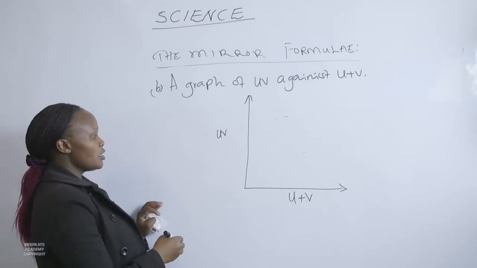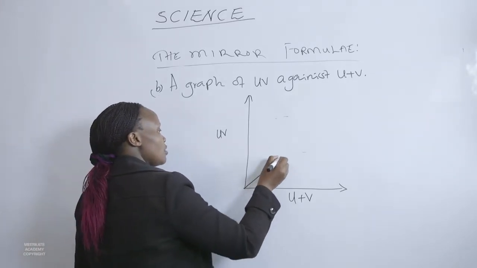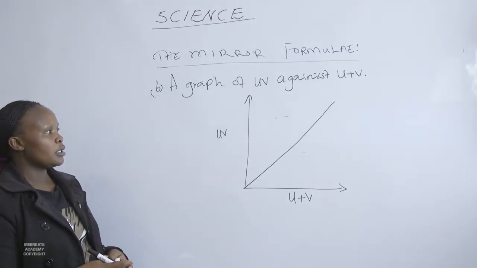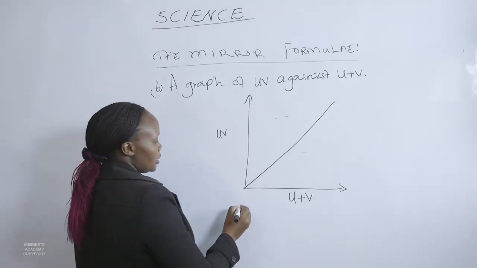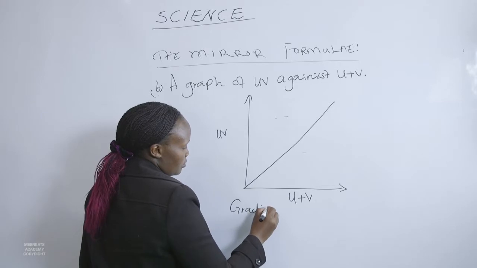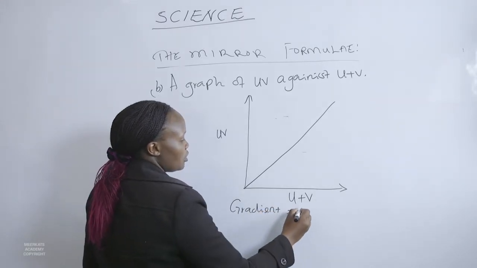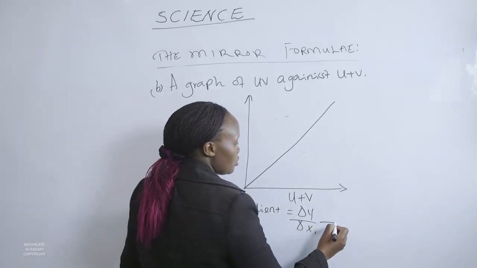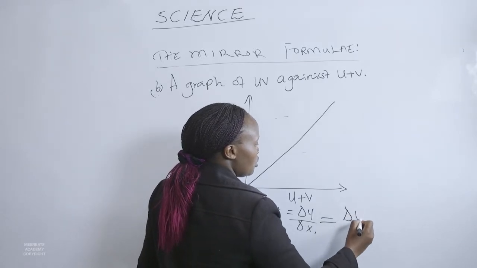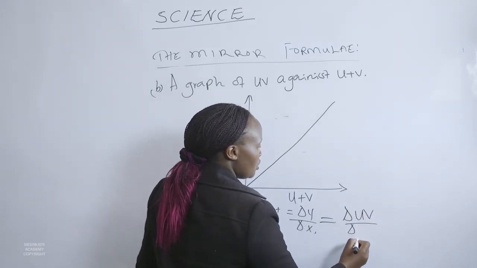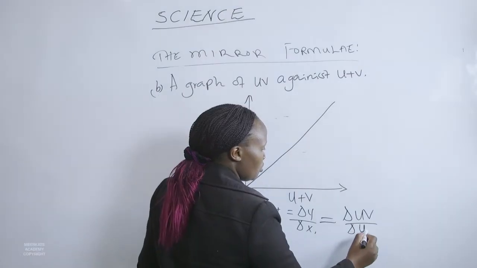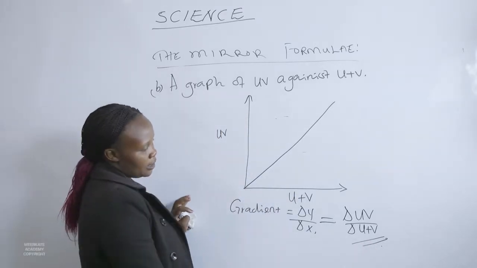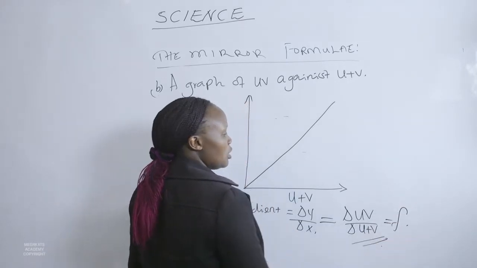Now this graph is going to give us a straight line through the origin, and the gradient, which is given by change in y over change in x, is going to be given by change in UV over change in U plus V, which gives us the focal length.